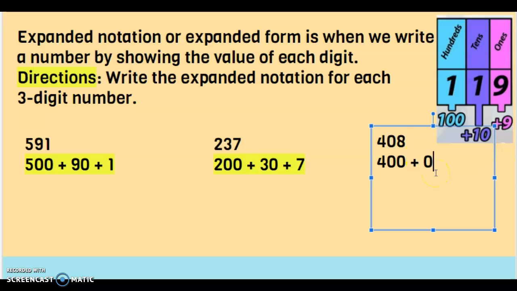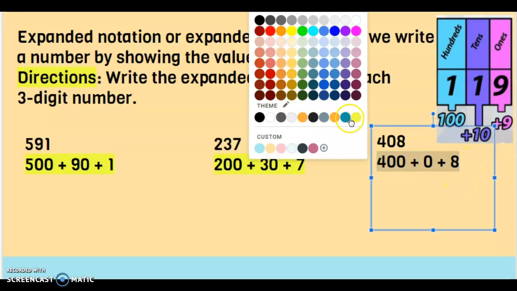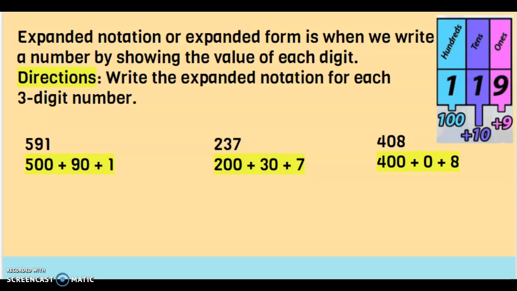I'm just going to add a 0 for the tens place. Plus 8. Let's highlight our correct answer. So the correct answer for writing the number 408 in expanded notation is 400 plus 0 plus 8.